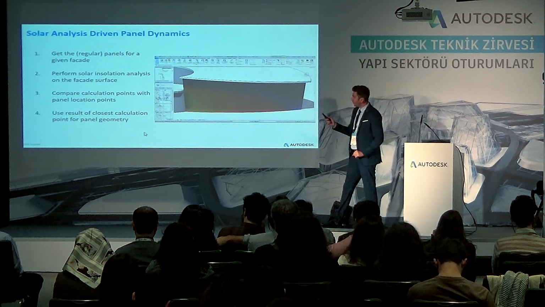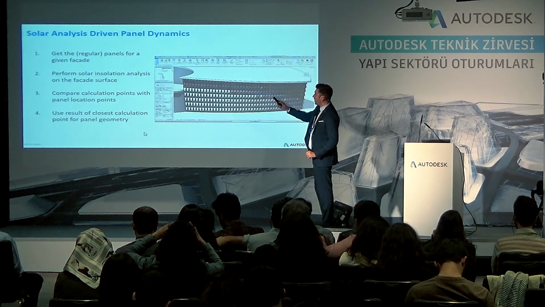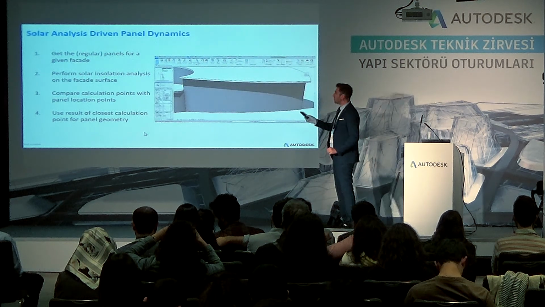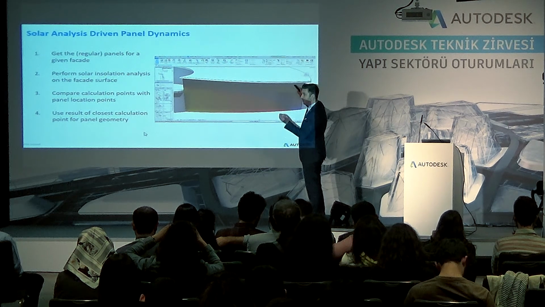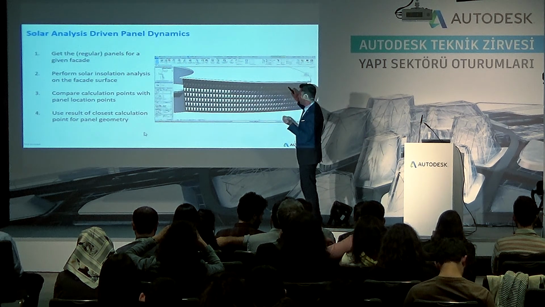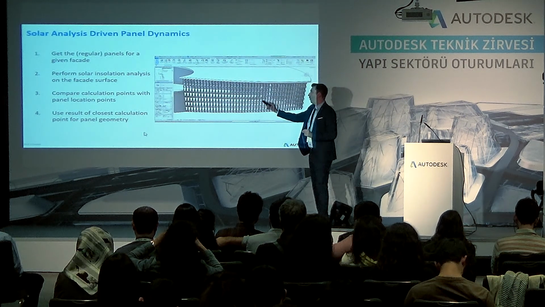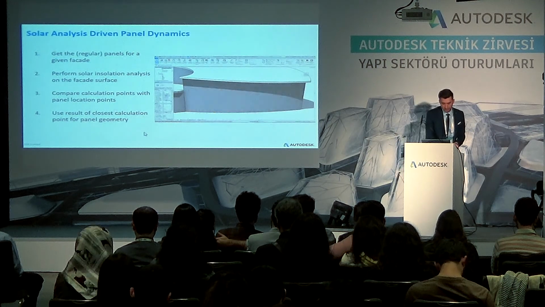Again, I won't go into very technical details. Basically, we can perform a solar analysis, then compare the calculation points. So for each panel, I will detect the amount of light that comes in. That will give me a value. That value will determine how much the panel will be open or closed.